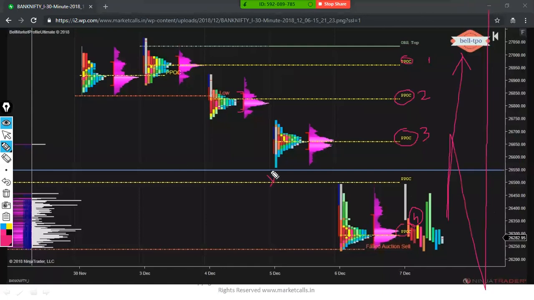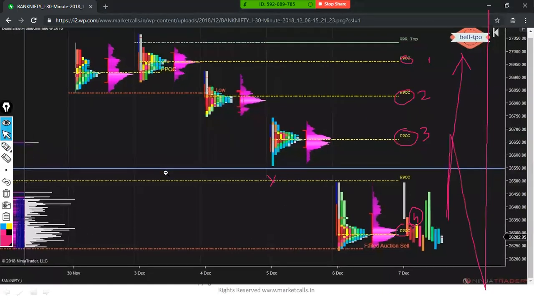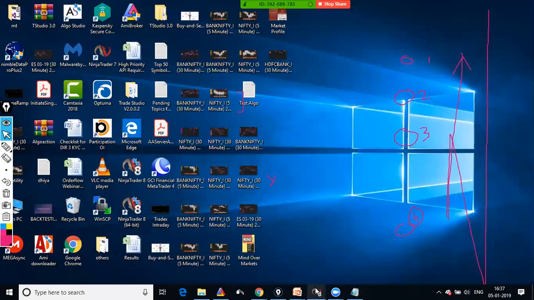So if I go and get you the December charts of Bank Nifty, let me get you the December charts of Bank Nifty.